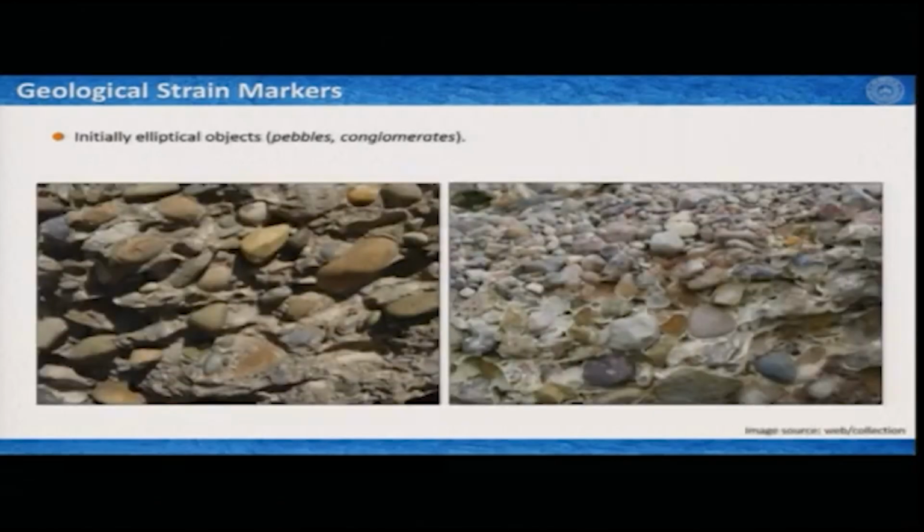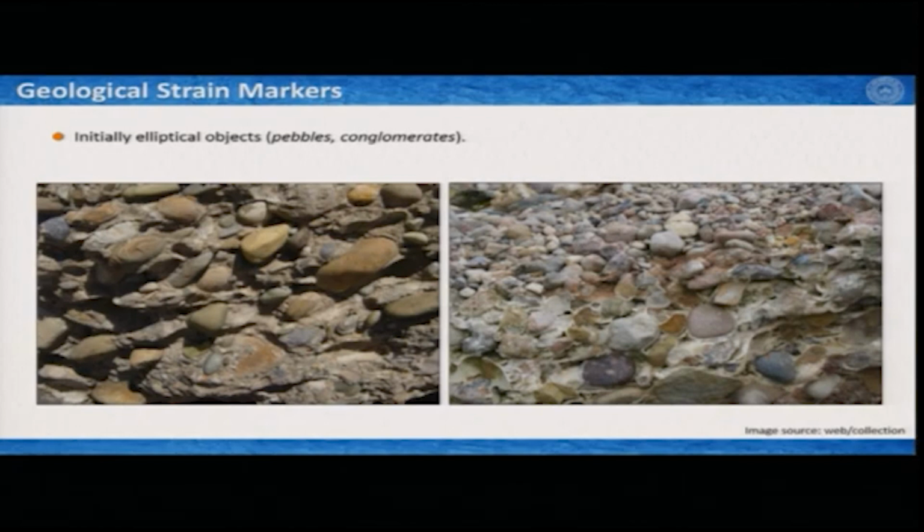Now some elliptical objects: they are not perfect ellipses or ellipsoids, but statistically you can consider them to be of similar shape and geometry. For example, pebbles in conglomerates, as you can see in these two photographs.